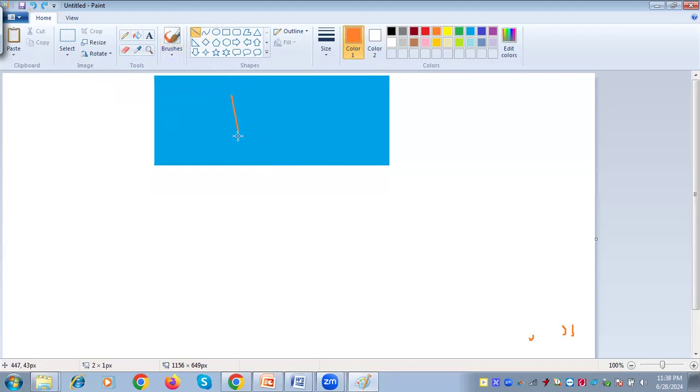Suppose the angle is, how will you know the angle? You will have to draw the normal. Suppose this angle is, say, 20 degrees, and it is entering the air at 31 degrees.